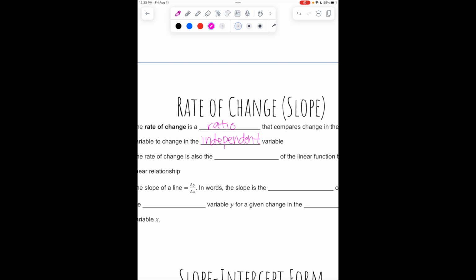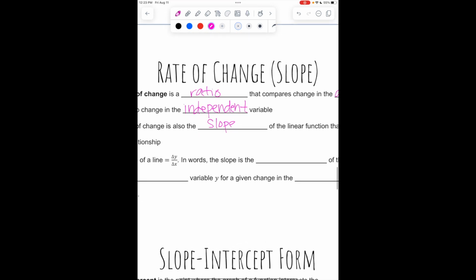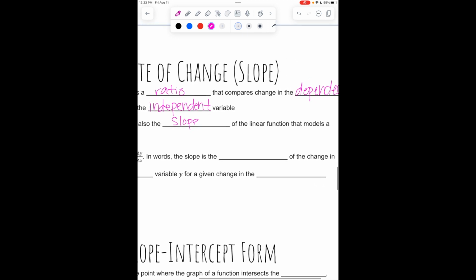The rate of change is also called the slope of the linear function that models a linear relationship. The slope of the line is equal to this triangle here, a delta, if you remember from science classes. So it's delta y over delta x. What that means, delta means change. So it's the change in y over the change in x.